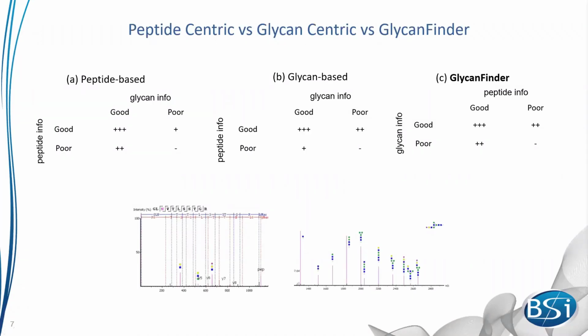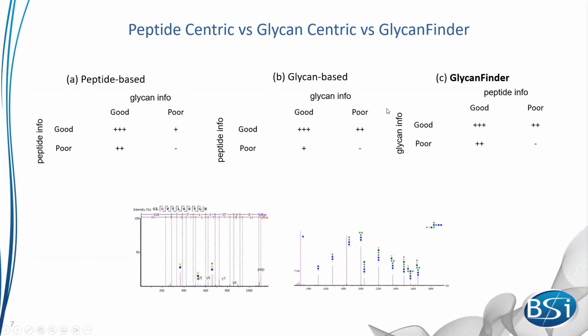All right, so with this approach, we're able to provide the best of both worlds in terms of peptide-centric and glycan-centric searches. Say, for example, with a peptide-based approach, if you have a good glycan and a good peptide in the actual spectrum, you're likely to get a very good result. But with a peptide-based approach, if you have a poor glycan signal, then it's less likely that you're going to get a good result. But if you have a poor peptide, you might still be able to get a good result that way.